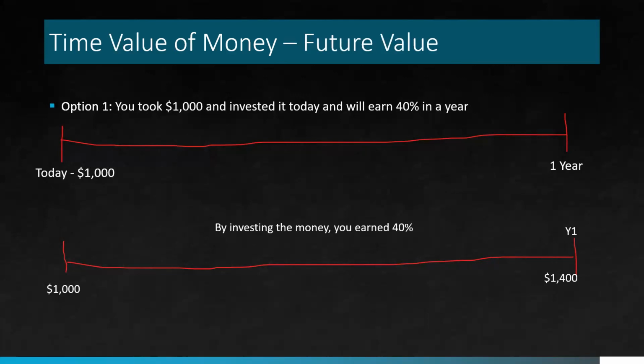And looking at the second line, I've invested that $1,000 and earned 40%. So in a year from now, that $1,000 that I gave you today will be worth $1,400, given a return of 40% in 1 year from now.